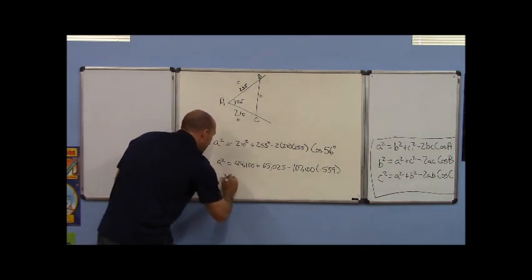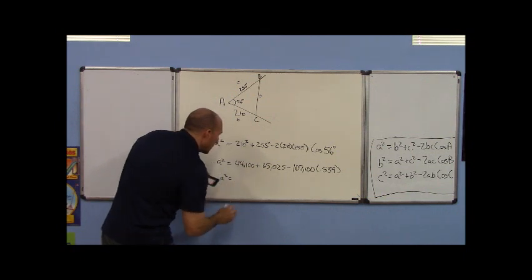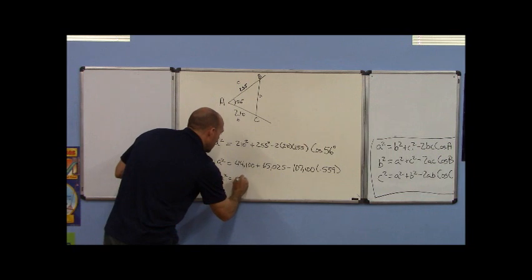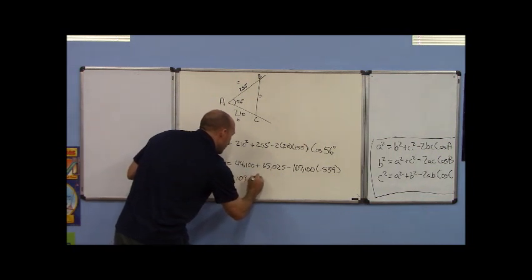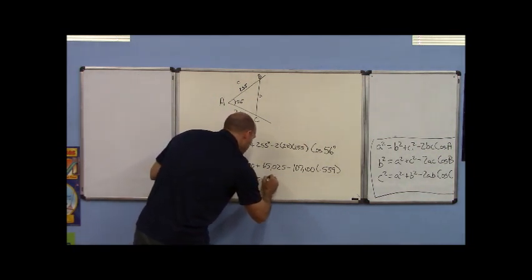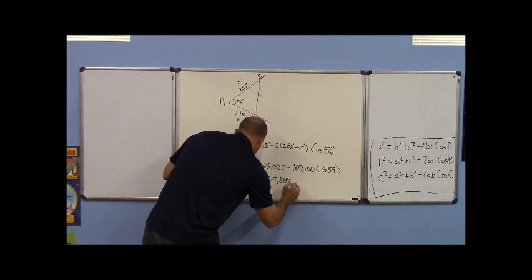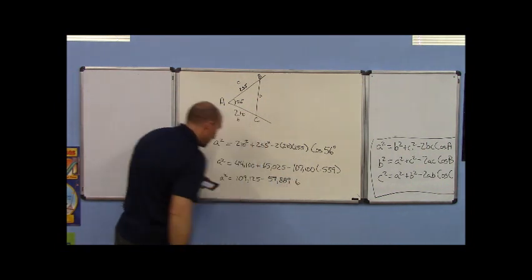so a squared equals, that is going to be 109,125 minus 59,889.6, let's say.